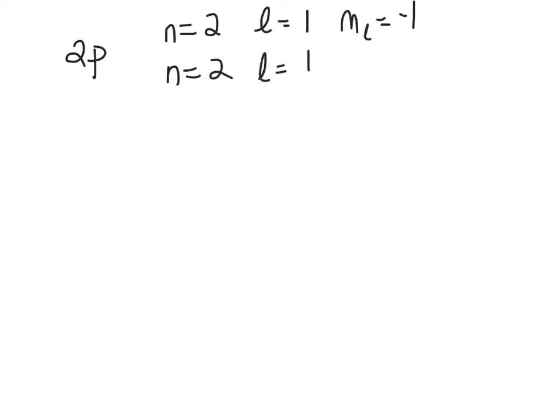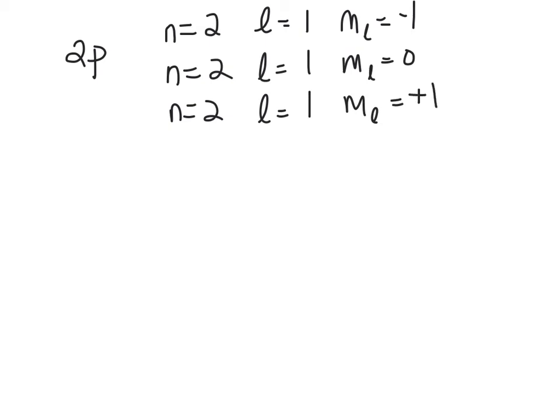Just look at the 2p orbitals again. So in the 2p, our n value is 2, our L value is 1, and now we have 3 ml values. ml can equal -1, ml can equal 0, and ml can equal +1.